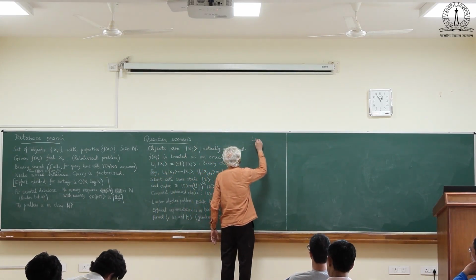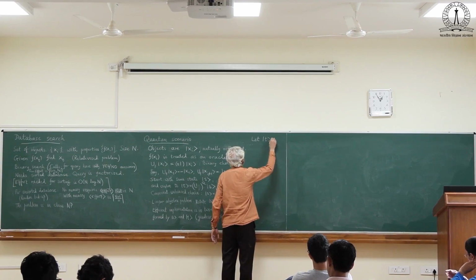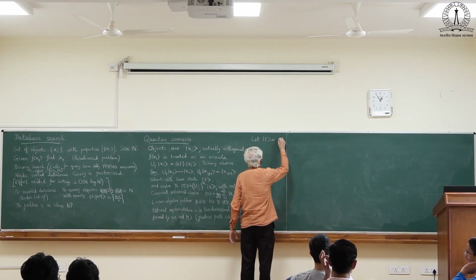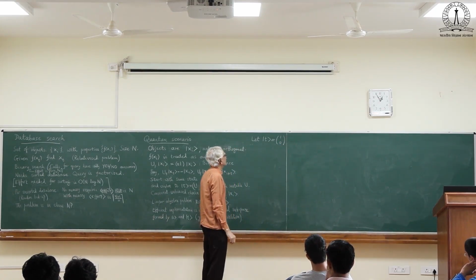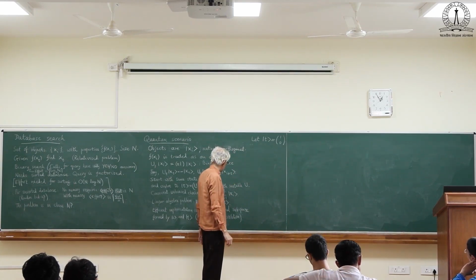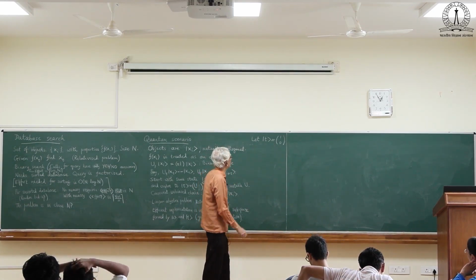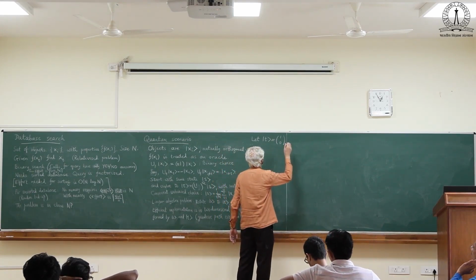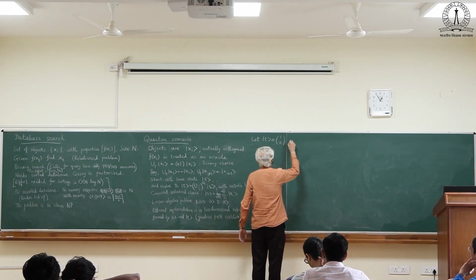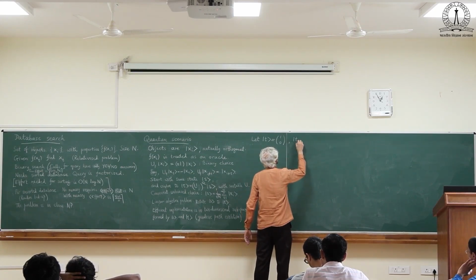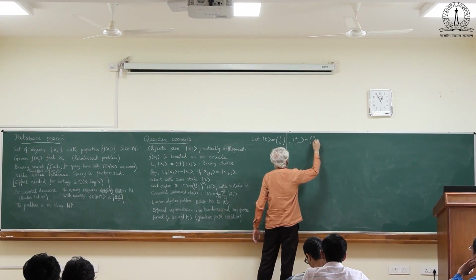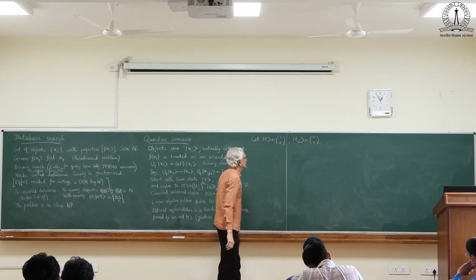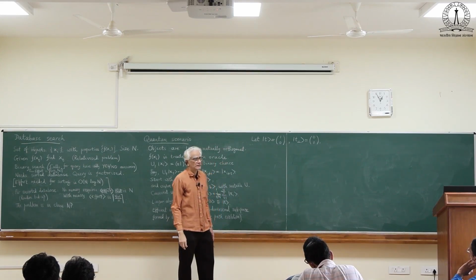So I will choose a notation that this T is some vector 1 and 0 in my case, and I have to choose a vector which is orthogonal to it, which is 0 and 1.